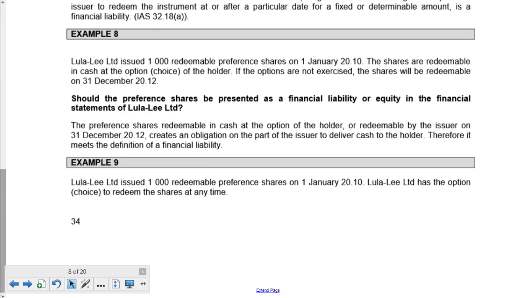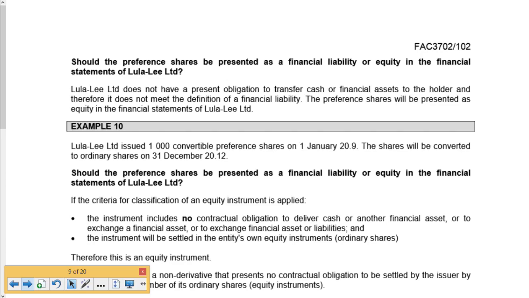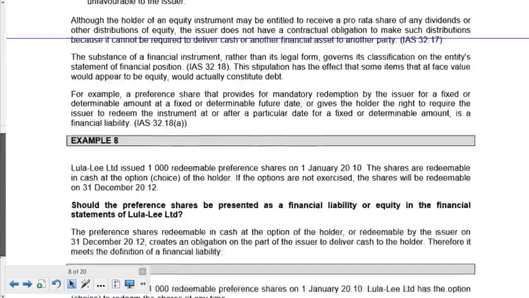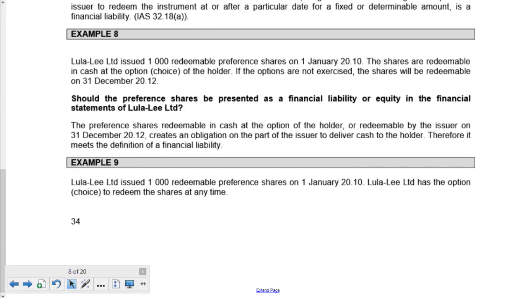The next example they have is Lula Lee has 1,000 redeemable prefs. Lula Lee has the option to redeem these shares at any time. So look now who has the option. The option now is with the company, with Lula Lee. They are redeemable, but at any time they can redeem them.